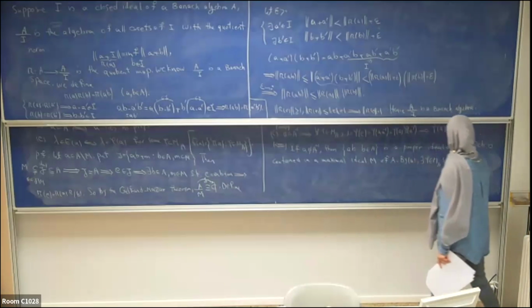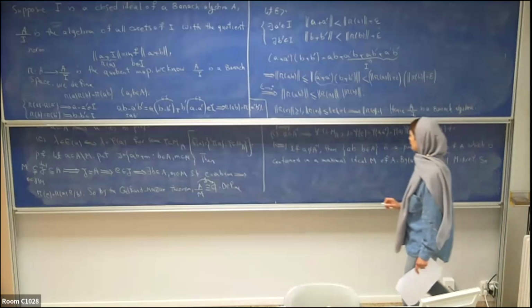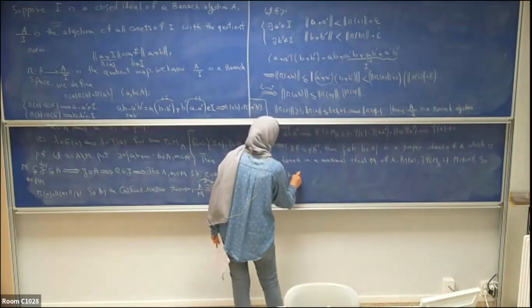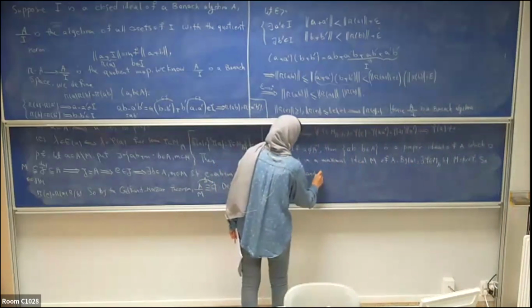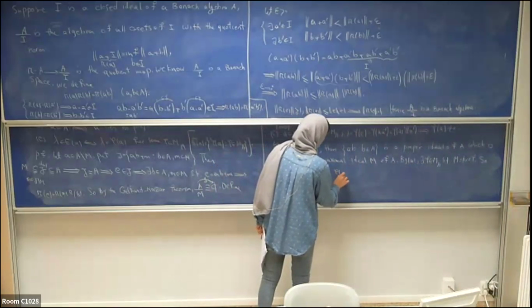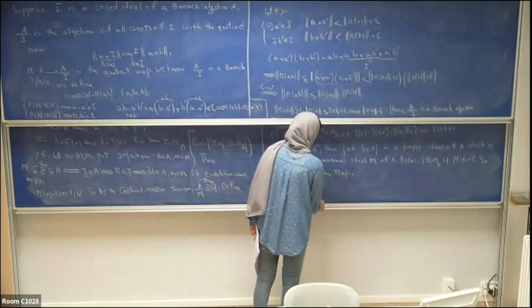So I is a subset of N, so I is a subset of kernel of phi. And then phi of A is in I, so phi of A is 0.